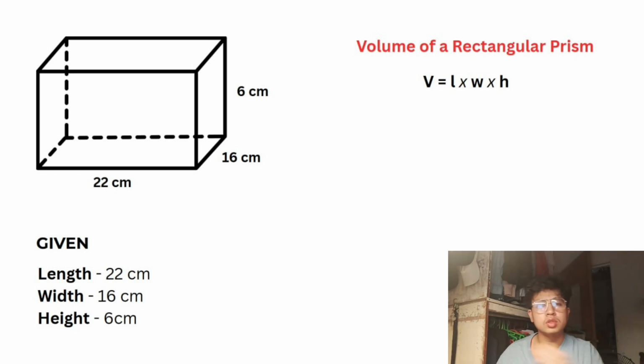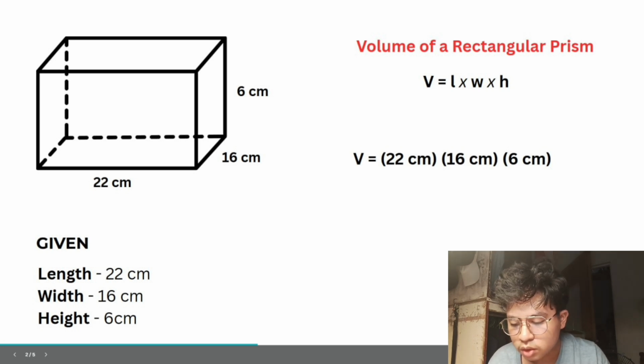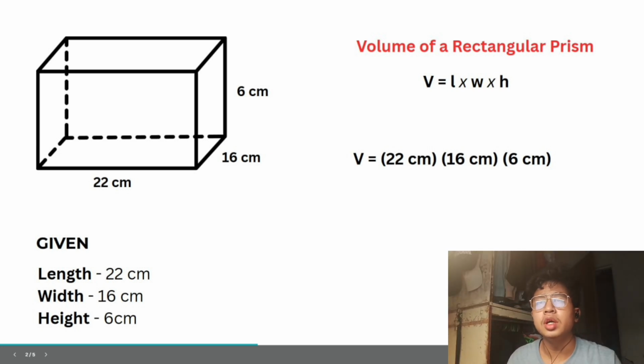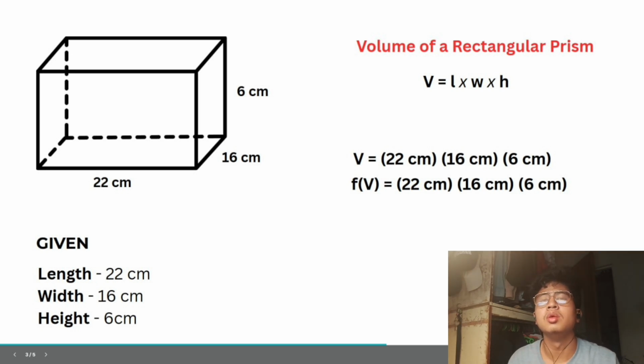If we substitute all of these into the formula for the volume of a rectangular prism, it would be volume equals 22 centimeters multiplied by 16 centimeters multiplied by 6 centimeters. If we apply functional notation again, it would be read as function of volume equals 22 centimeters multiplied by 16 centimeters multiplied by 6 centimeters.